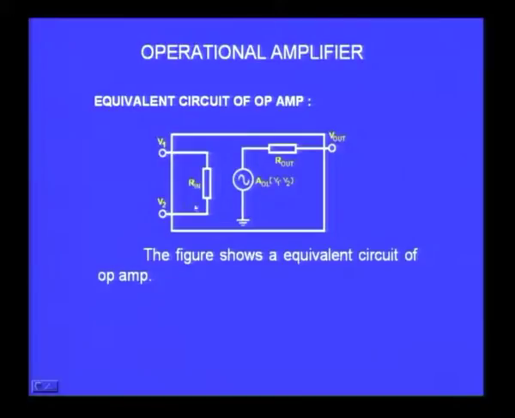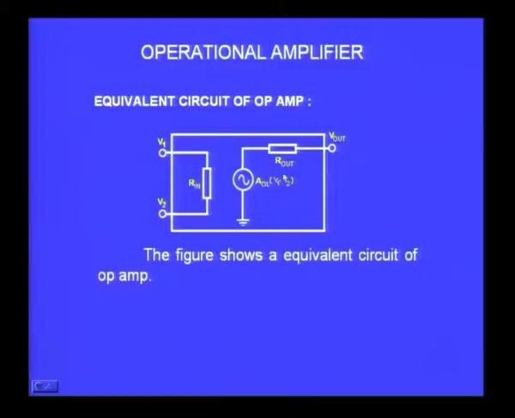Every amplifier at the input side will have one simple input resistance R in, and at the output side I can isolate and replace it with a voltage source, where the voltage source is given by AOL into V1 minus V2. There are two voltages V1 and V2, because it is a difference amplifier at the input stage.